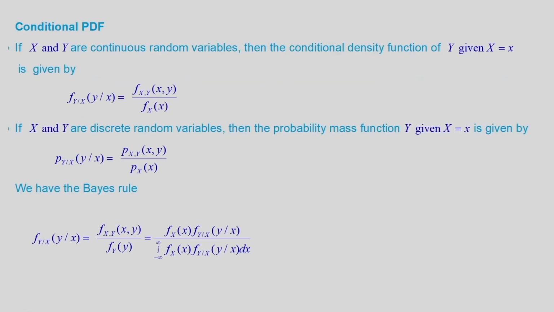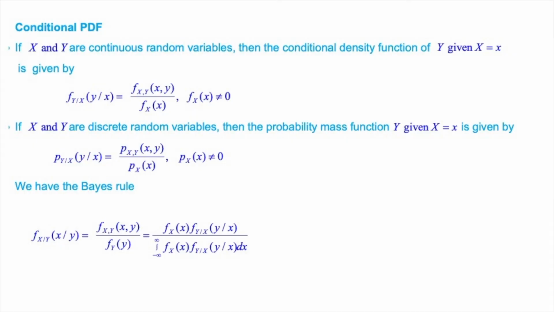We have characterized multiple random variables in terms of joint CDF, joint PDF, joint PMF, etc. Now, let us see how to describe the conditional probabilities. Suppose x and y are continuous random variables, then the conditional density function of y given x equal to small x is given by this.